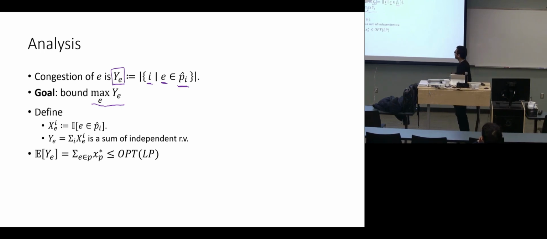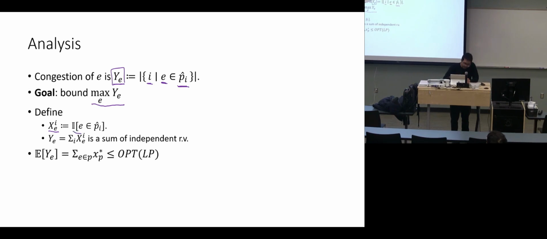To use Chernoff bound, I need to say that Y_e is a sum of independent random variables. That's the only time Chernoff bound kicks in. If you cannot do that, then you cannot use Chernoff bound. So how do I do that? I just create a random variable X_{e,i}.